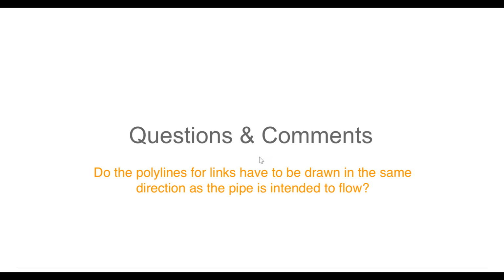Do the polylines for links have to be drawn in the same direction as the pipe is intended to flow? No, all you have to do is identify the outfall manhole. As long as you identify the outfall manhole, it should automatically pick up the network. So it doesn't matter which direction it is, as long as you know the outfall node or the outfall manhole.